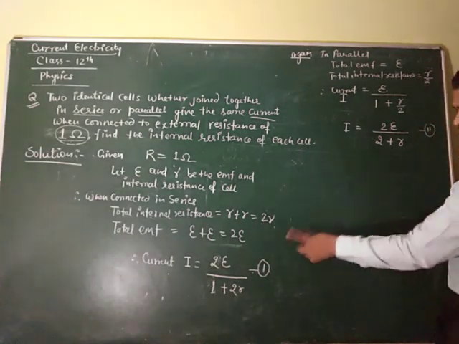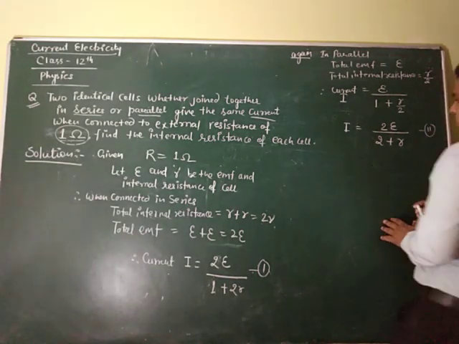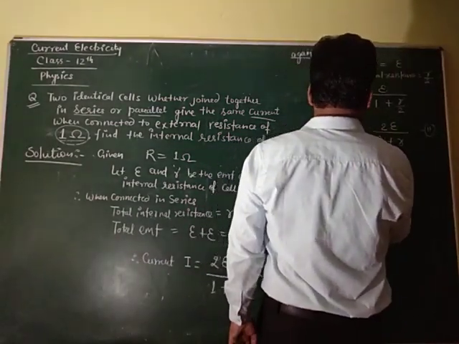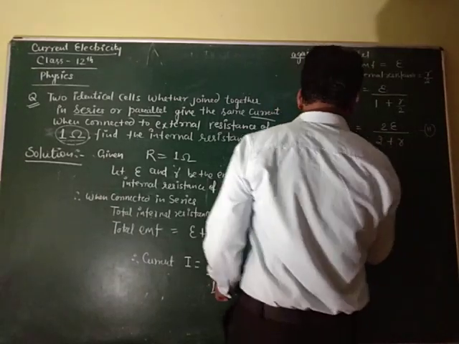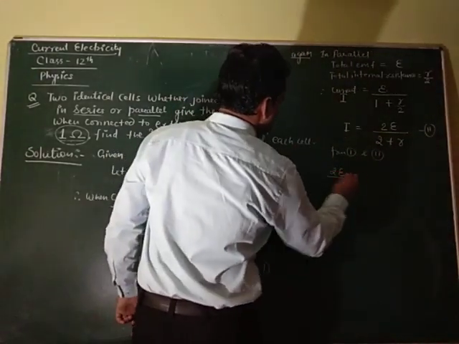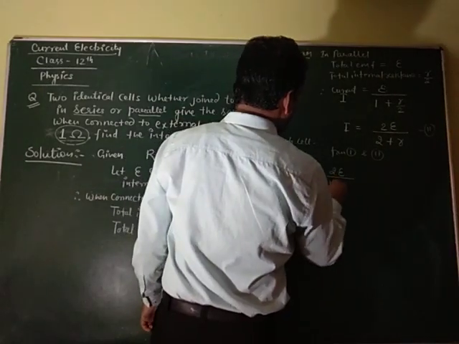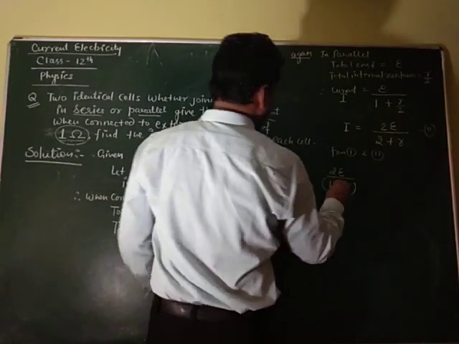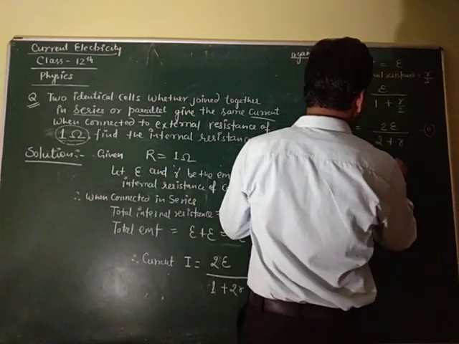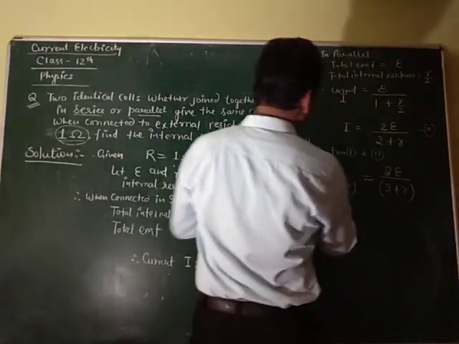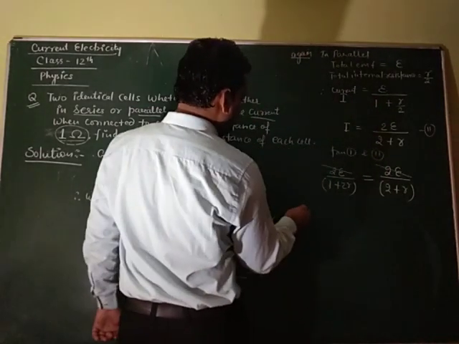We can equate equation 1 and 2. So here we can write 2E divided by 1 plus 2r equals 2E divided by 2 plus r. 2E and 2E will be cancelled out here.